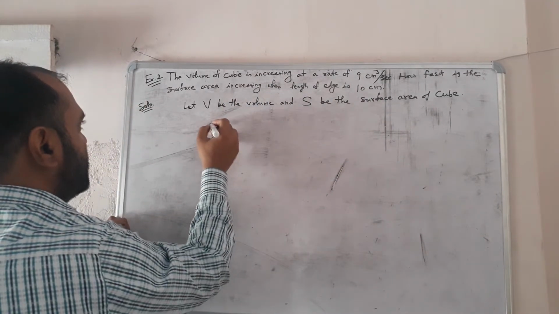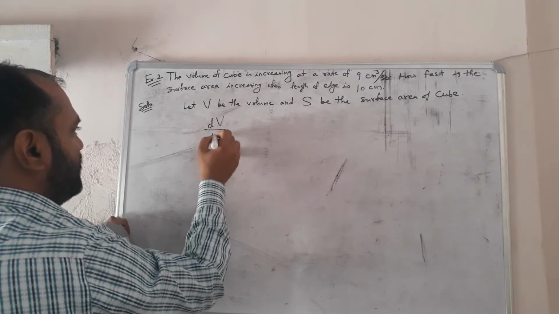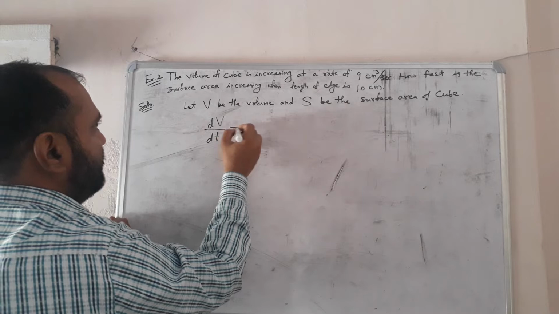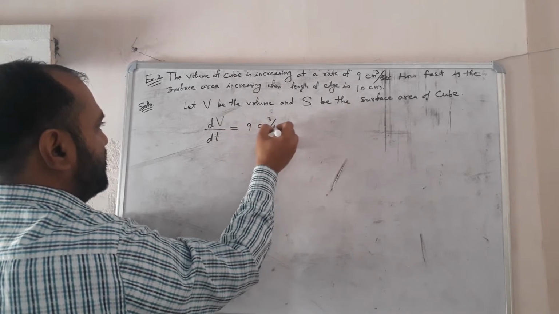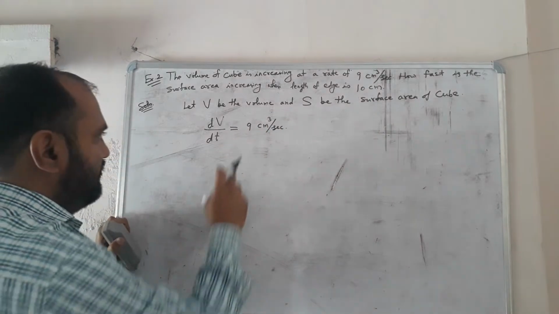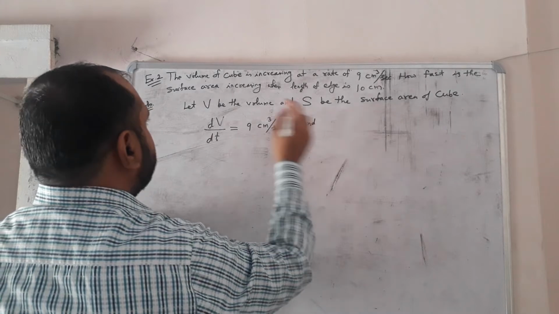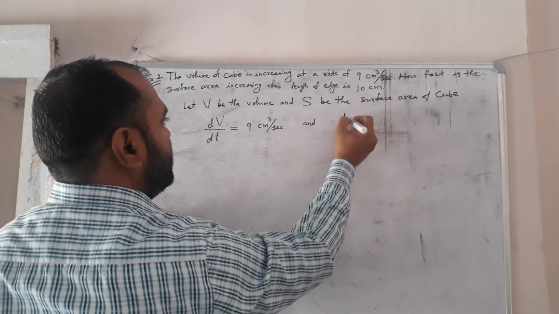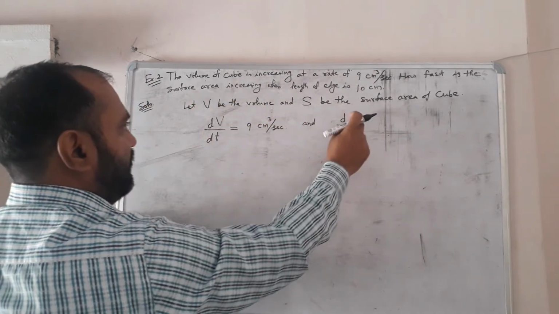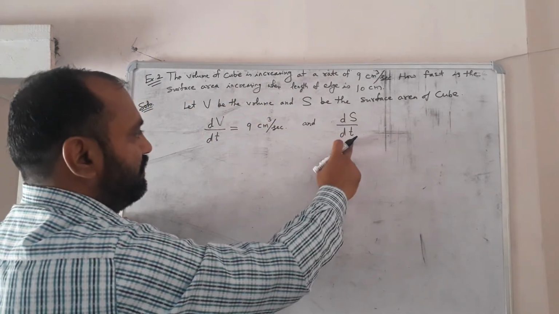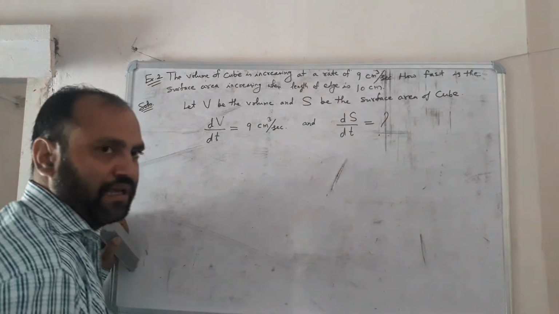It means the rate of change of volume with respect to time t is given to you, that is dV/dt = 9 cubic centimeter per second. And we have to find dS/dt, the rate of change of surface area with respect to t.